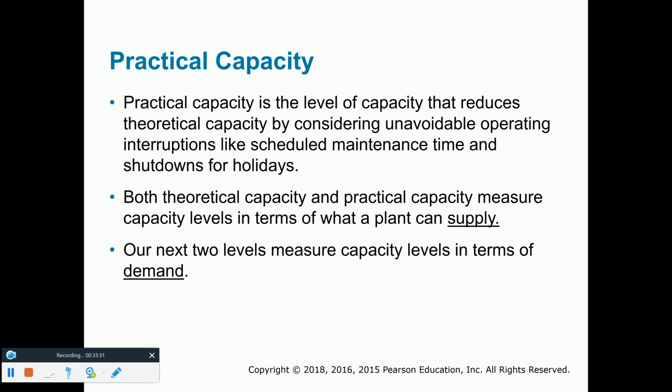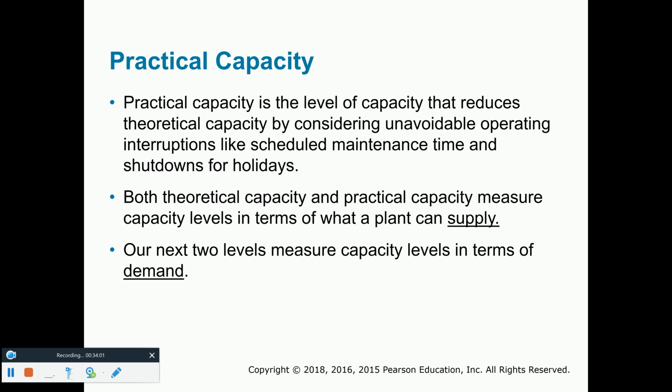Practical capacity is the level of capacity that will reduce the theoretical capacity by considering unavoidable stops, maintenance time, vacations, and things like that. It basically measures what a plant can supply, and it's more realistic than theoretical capacity. All right. Once again, it's okay, but it's still probably not the best way.